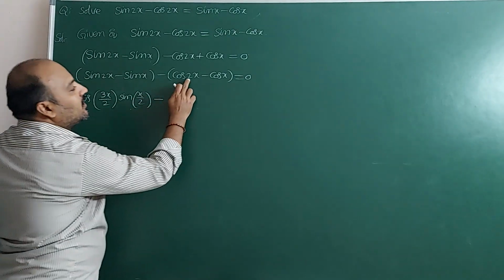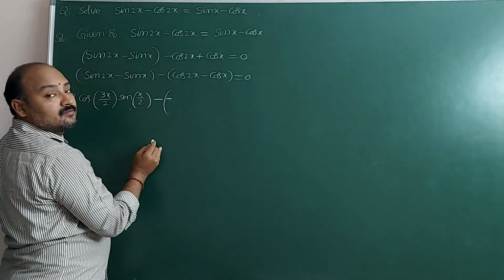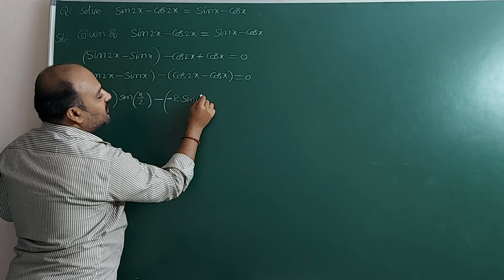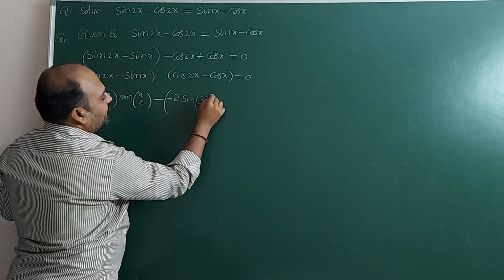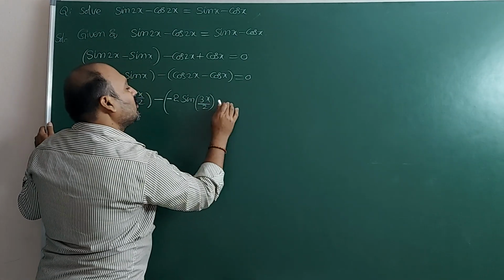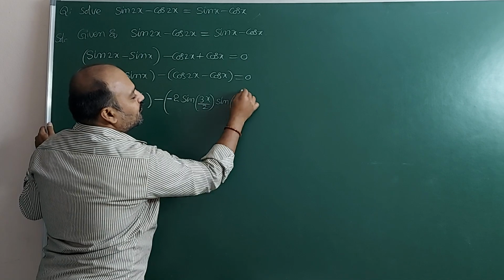Minus cos C minus cos D is minus 2 sin C plus D by 2, sin 3x by 2, into sin only will come, C minus D by 2, so x by 2.